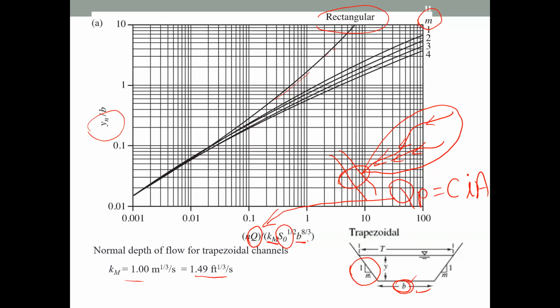By knowing them, then simply you can find out what should be this ratio, Y over B. Again, you have B so that you can find out Y. That is the advantage of this kind of a type curve. Simply by knowing the design conditions like the flow rate and the site conditions like the slope of the channel and the width, you can find out what should be the Y.